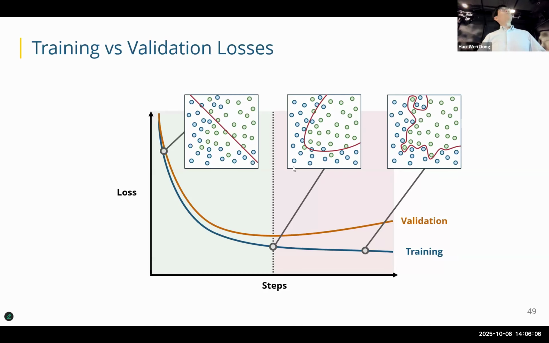And after that point, if you keep training this model, trying to get a better fit on the training set, it will get better performance on the training set, because if you compare these two, this definitely does better on the training set because it captures all the green on one side and blue on the other side. But think about the validation loss. This might not generalize to your validation set or your test set. So this is basically an ideal case of training for a deep learning model where you go from underfit to perfectly fit and to overfit.